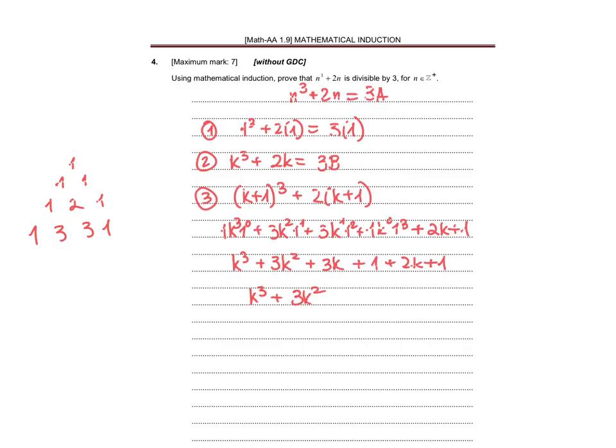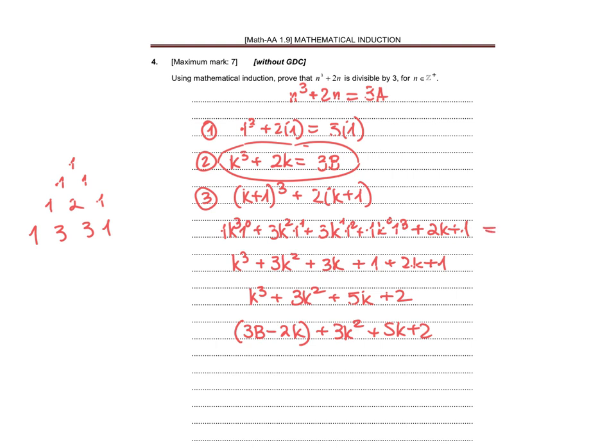Getting the k's together, that's 5k plus 3. Okay, so now we have k cubed is 3b from this step, 3b minus 2k. So 3b minus 2k plus 3k squared plus 5k plus 3.